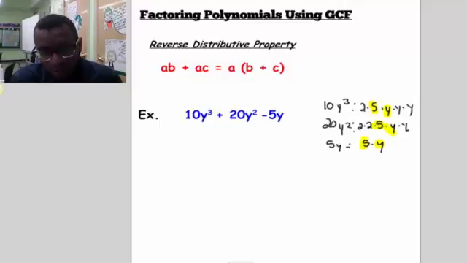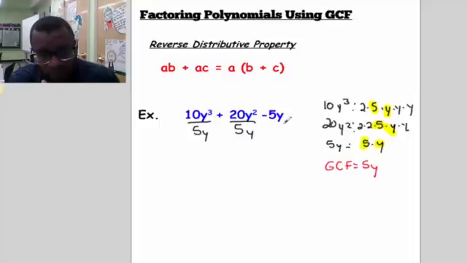So what I'm going to do is divide each term of my expression by my GCF. So let's just write our GCF so that we know exactly what it is. And now I'm going to divide each of these terms by my GCF. Okay, so when I do that, I'm going to go through this thoroughly so that you see what I'm doing in each step.